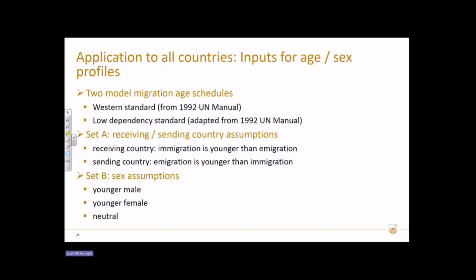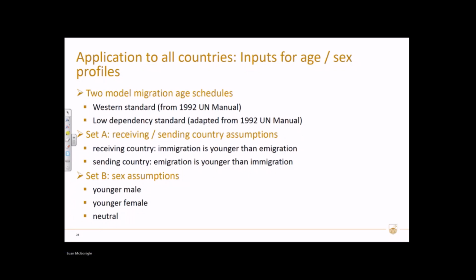I knew, looking at data, like you can see from Sweden, actually I didn't show this, but I also thought that sometimes our age profiles are younger depending on the direction. So the assumption here is if a country is receiving a lot of migrants, the migrants coming in are probably younger on average than those that are leaving.